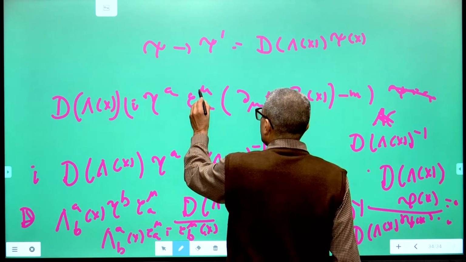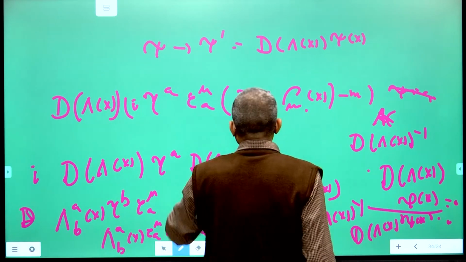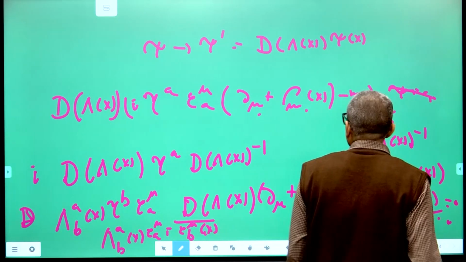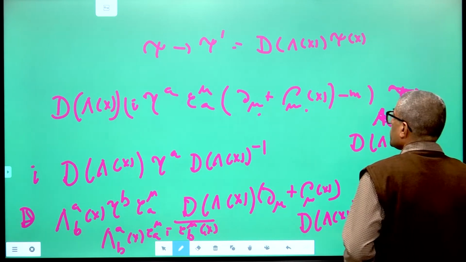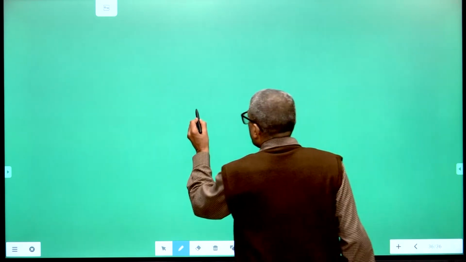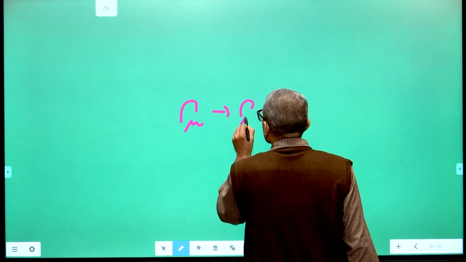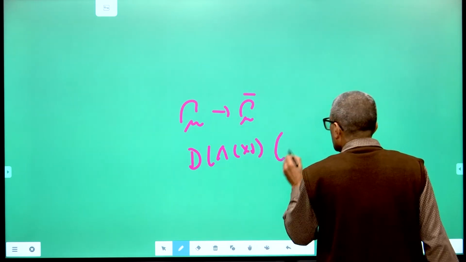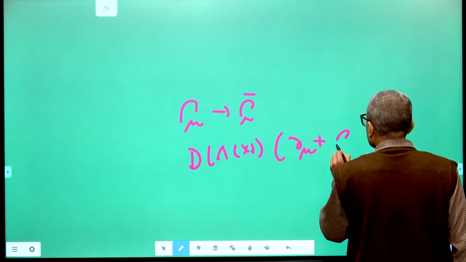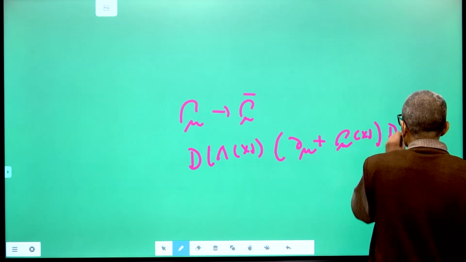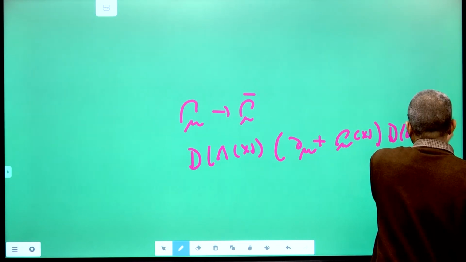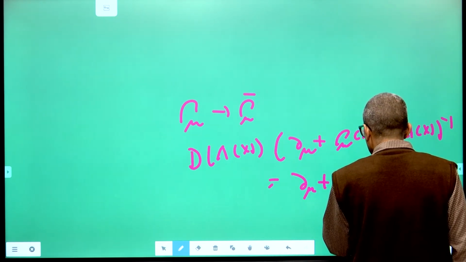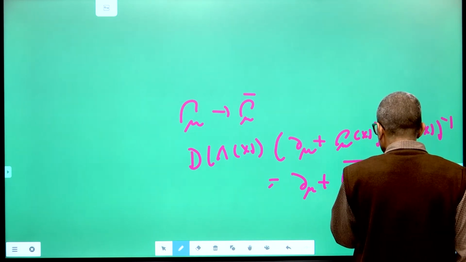Indices mu are affected only by diffeomorphisms, whereas the scalar indices A are affected by local Lorentz transformations. So you require simply that under local Lorentz transformations, gamma mu should change to gamma mu bar, so that D lambda x into dou mu plus gamma mu x multiplied by D lambda x inverse is nothing but dou mu plus gamma mu bar x.